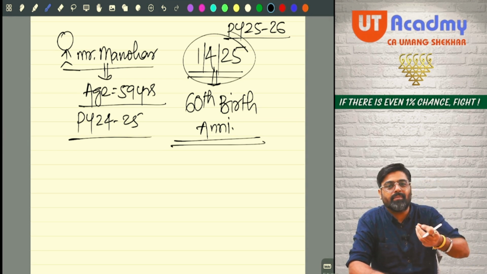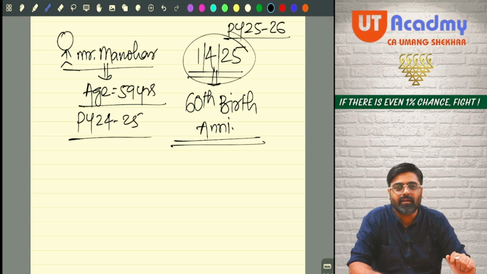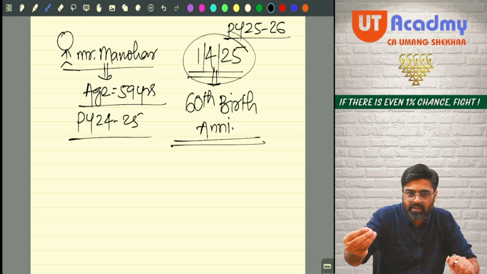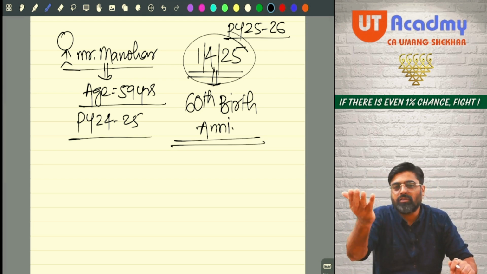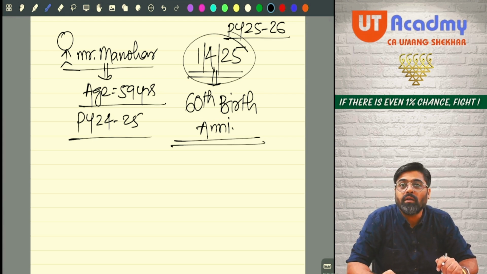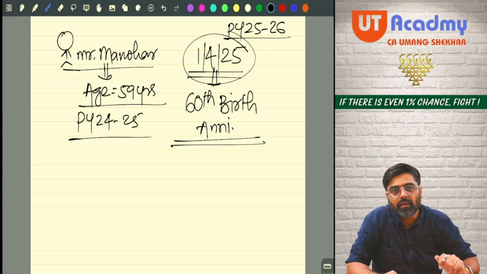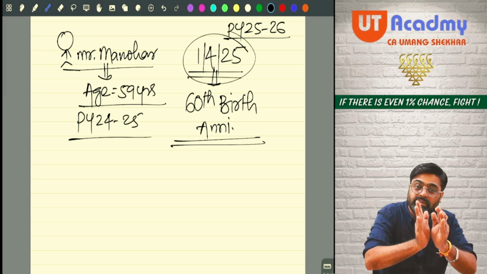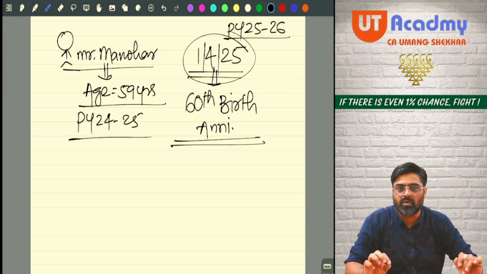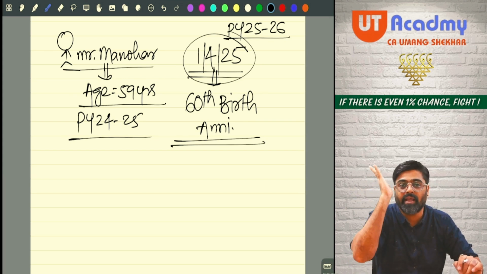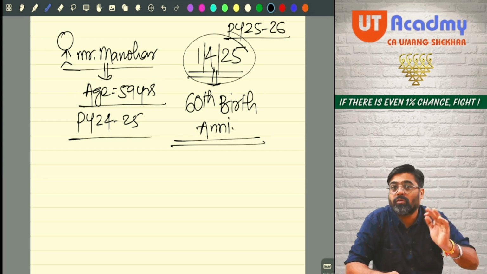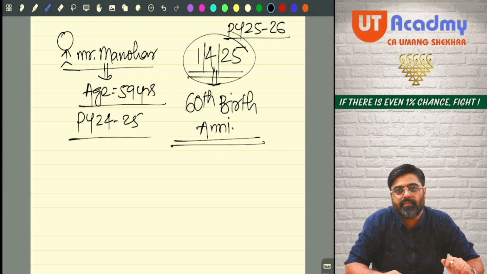Every year I celebrate my birthday on 4th of October. Every year we celebrate my father's birthday on 26th of July. So this Mr. Manohar celebrates his birthday every year on 1st April. So when 1st April 2025 comes, he will celebrate his 60th birthday, because he was born on 1st of April.